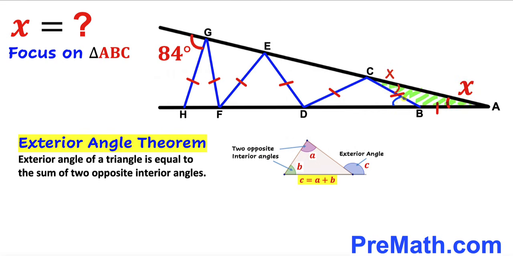So this exterior angle is going to be the sum of these two opposite interior angles. X plus X is going to make 2X. So this angle turns out to be 2X.